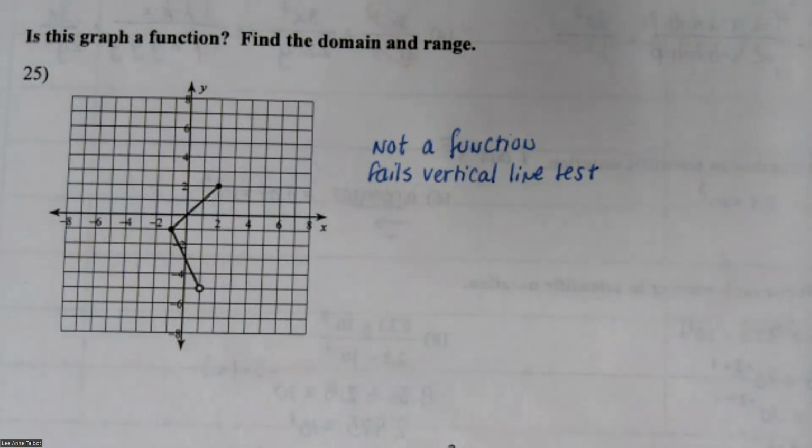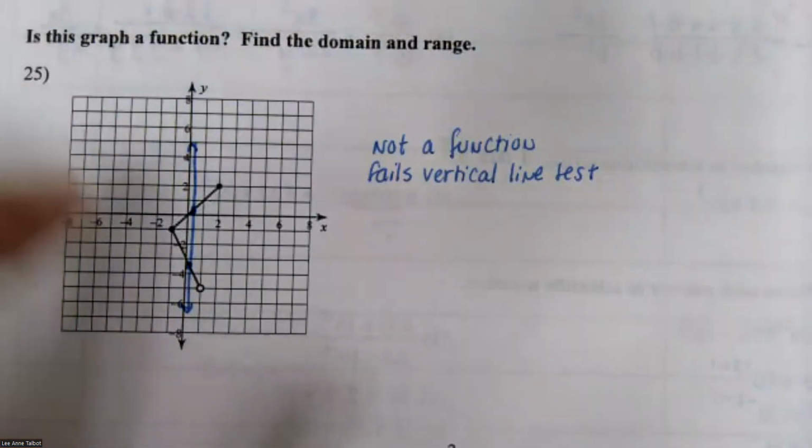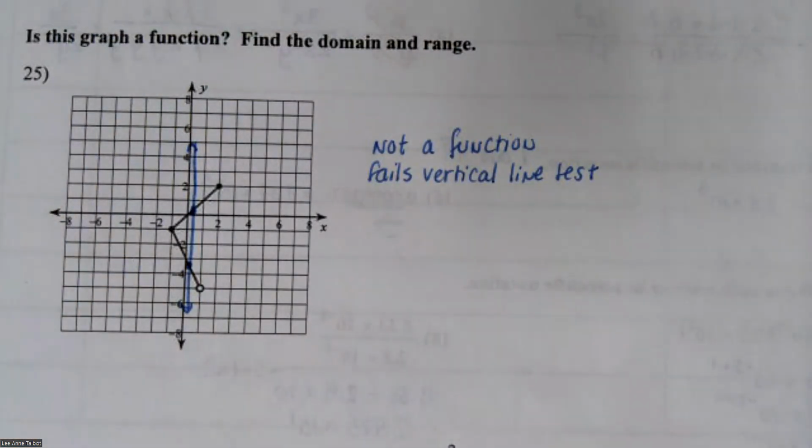So you just have to pick a spot where it would fail. I'm just going to pick right here. Draw in one vertical line and then indicate that it's hitting twice. That would be enough justification that your vertical line test failed. It only needs to fail one time to fail. So you just have to find one spot where it would fail and draw it in. Does that make sense to you guys?